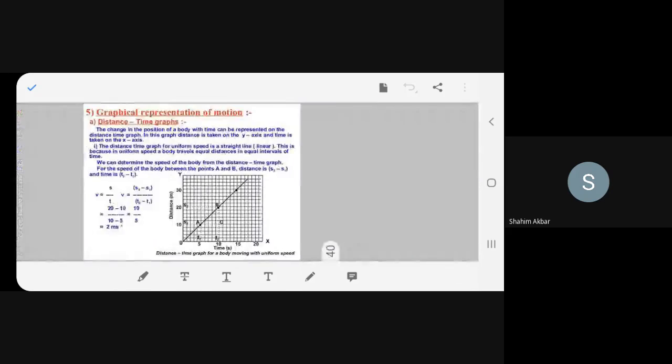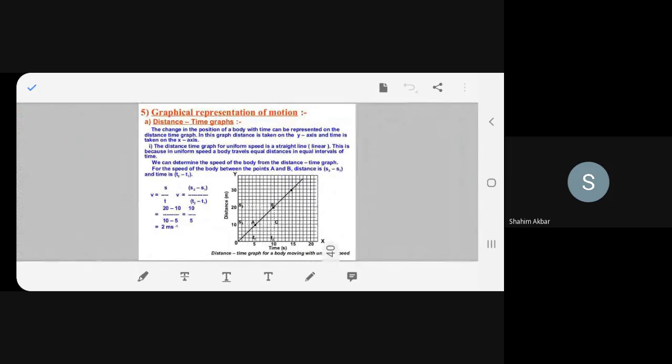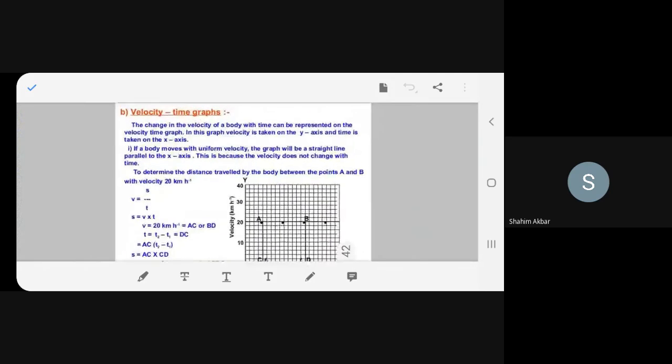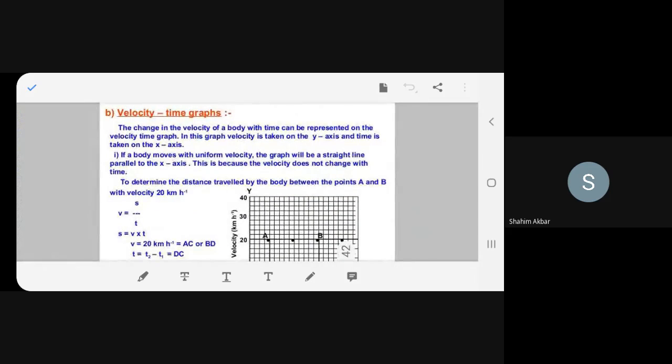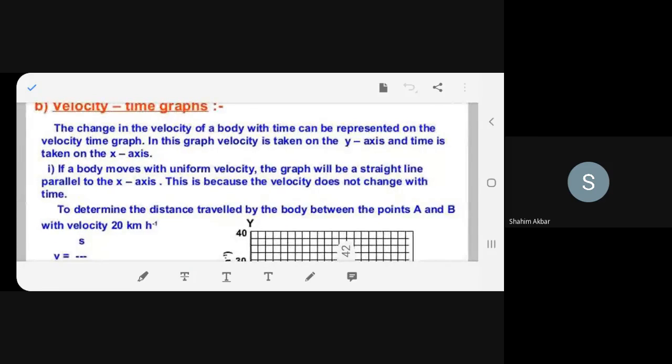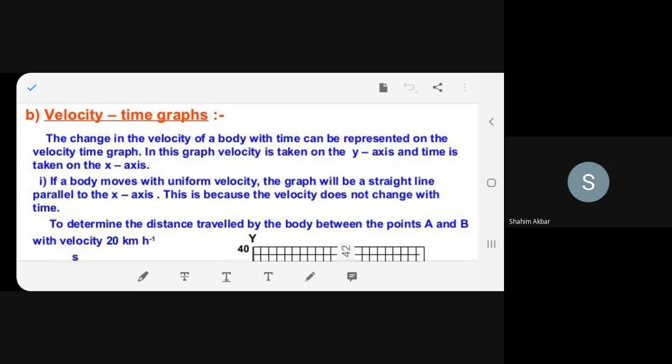Which was this graph? Distance time graph. Please remember this. This was the distance time graph. Now what we are going to do is the velocity time graph. It will be almost the same. Please read. Velocity time graphs.